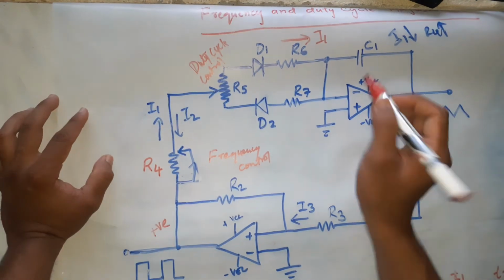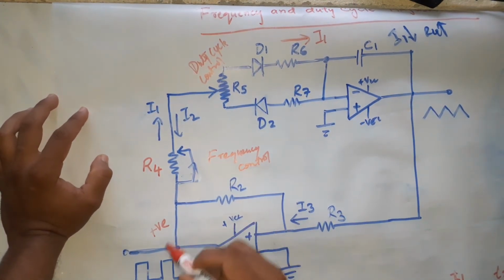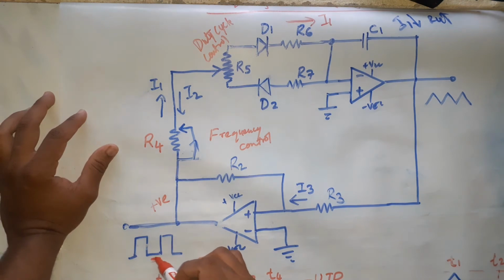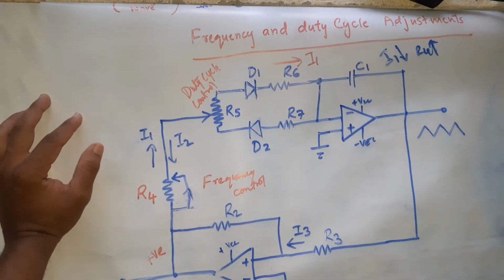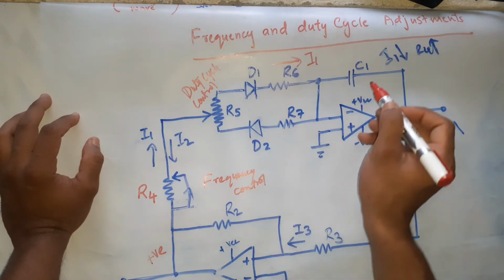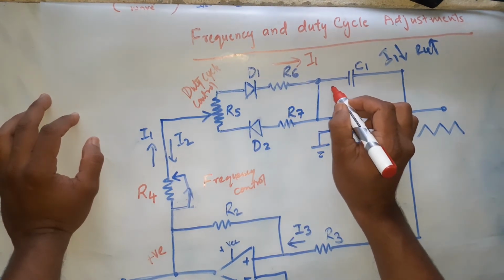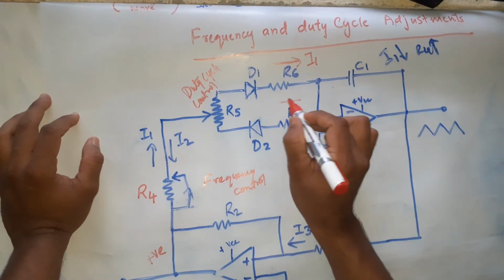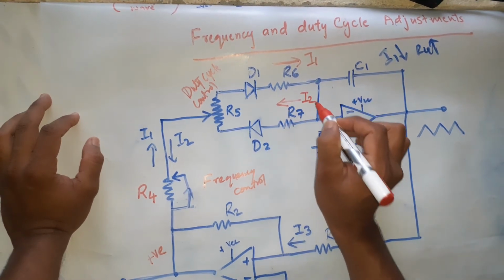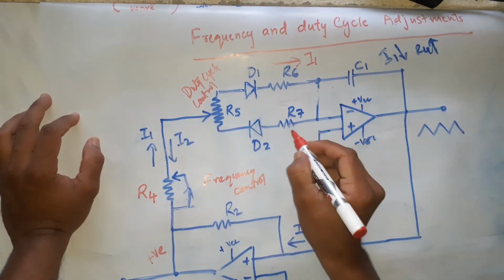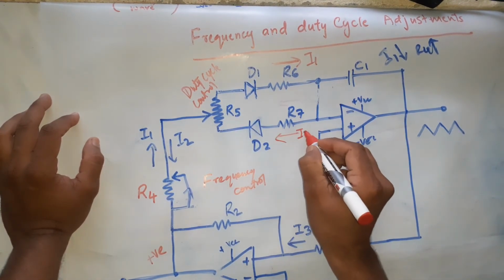And opposite of that, when the output of Schmitt trigger is at negative, minus V0 side, this will cause a current I2 to flow like this. This is your I2. Okay, I should show it here. This is your I2.